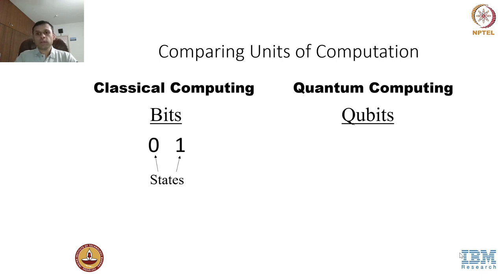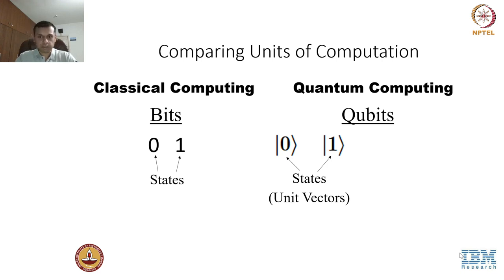In quantum computing, the comparison is with qubits, or quantum bits. These quantum bits can be in states that are loosely equivalent to the 0 and 1 that you see at the left. But these are better thought of as unit vectors rather than states, as you will see in later slides. A qubit can be more than a 0 and 1, though.